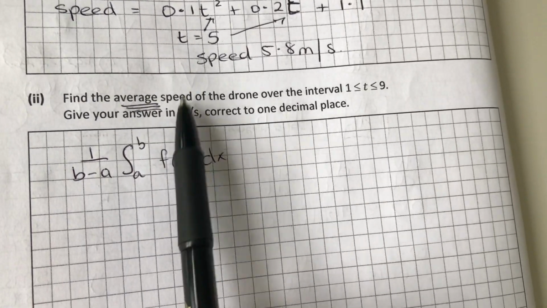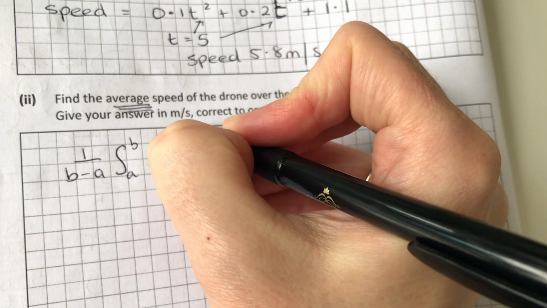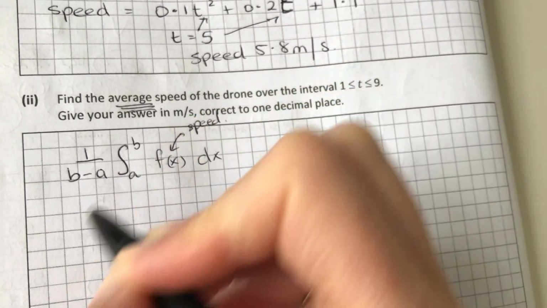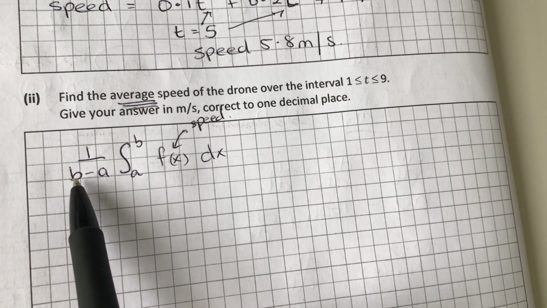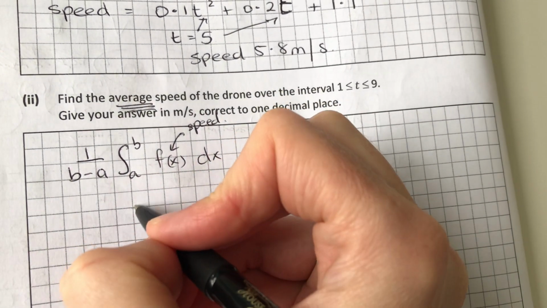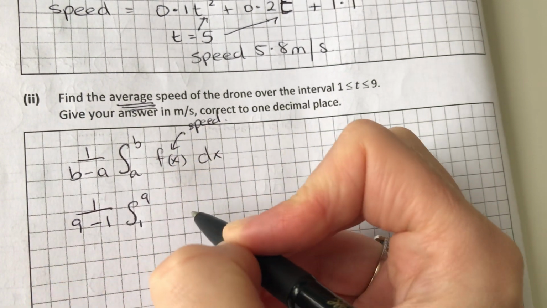So we need the average speed. So here's my speed formula, and this is 1 to 9. So we're integrating from 1 to 9. So that's 1 all over 9 minus 1.